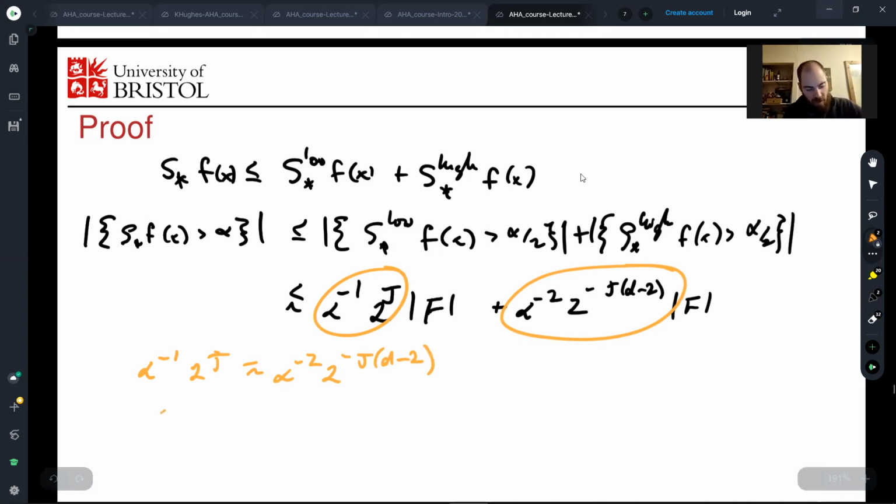When you do that, of course, you're going to get alpha is about 2 to the minus j times d minus 1.